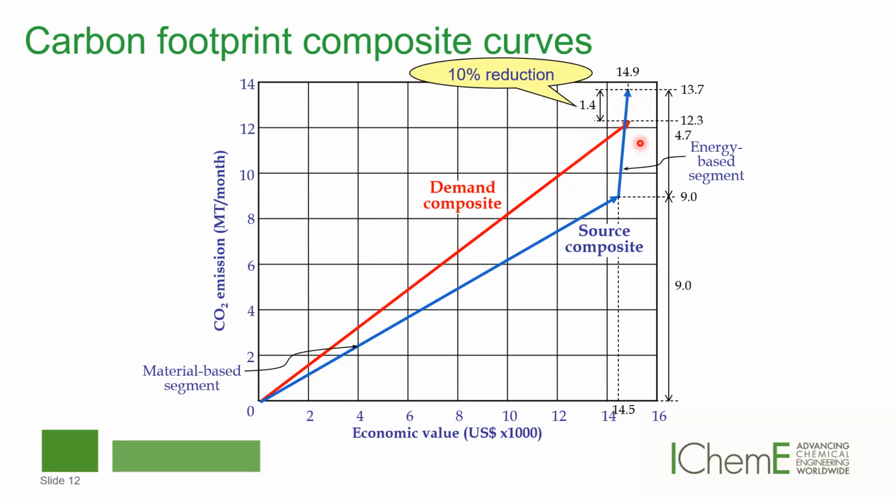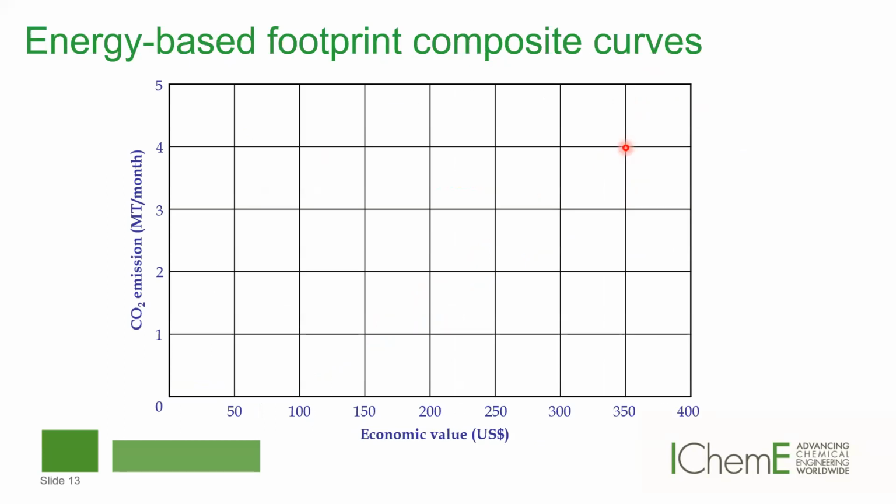And since this would have a steeper line, itong energy base, we focus our efforts on this segment here, which is the energy based. Okay, may questions so far? We focus our reduction efforts on this segment here. Yeah, so much steeper, higher intensity.